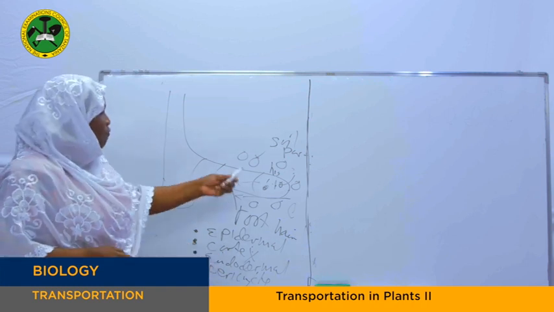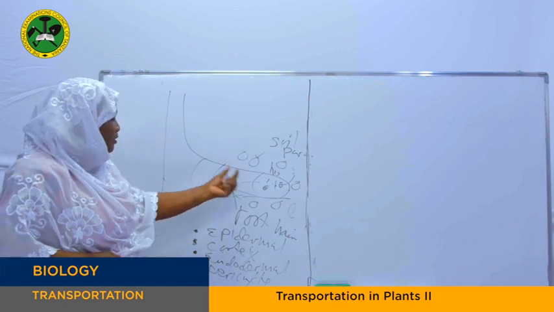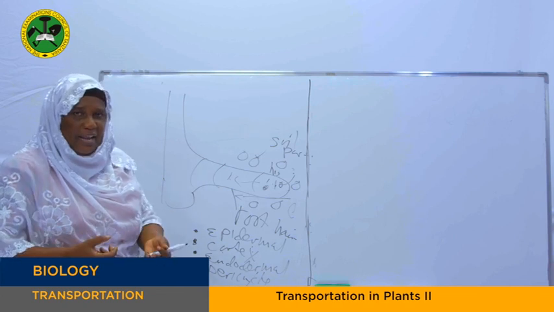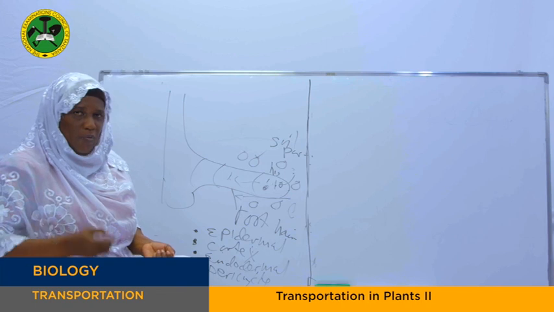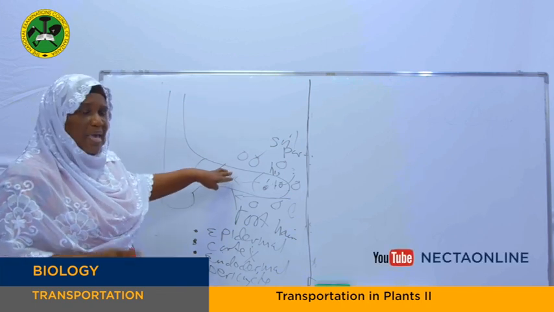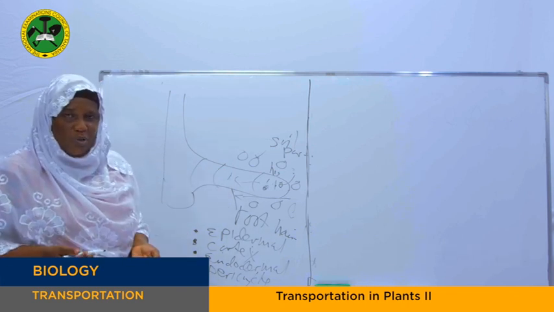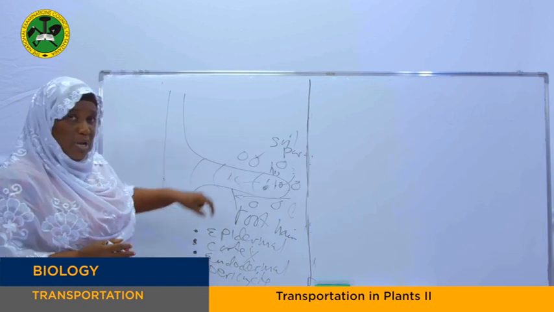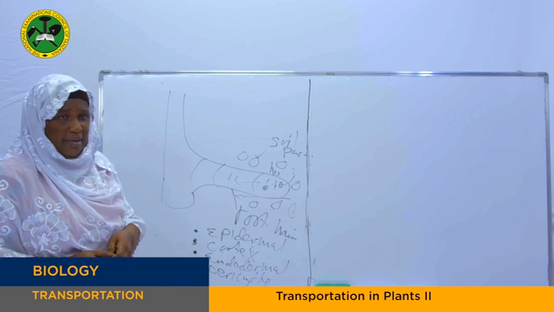The entry of water in the cortex also makes its protoplasm diluted, acquiring high water potential. When I say high water potential, it means the amount of water here will be high compared to the solute concentration. Therefore, solute concentration here will be low, but water potential will be high.